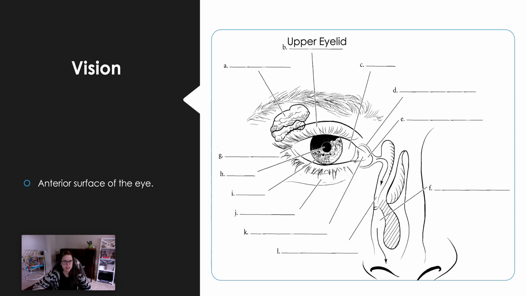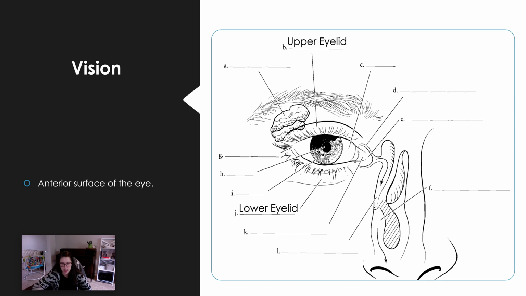So first off, basic structure, upper eyelid, lower eyelid, right? Here you have somatic control of these areas, so you can blink, can wink, right? This is protection because you can help cover the cornea, prevent damage, but then also this is going to help with relubrication of the eye.